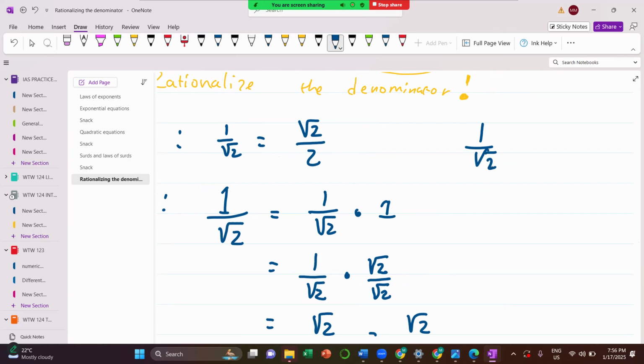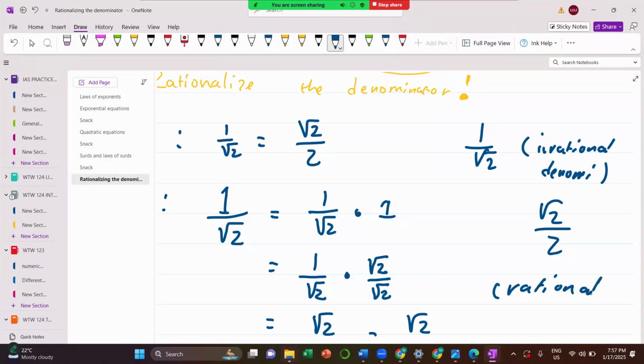But now we have square root of 2 over 2, and 2 is rational. So we rationalized the denominator. Here we had an irrational denominator, but here we have a rational denominator.